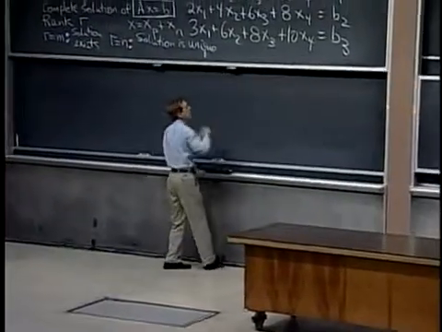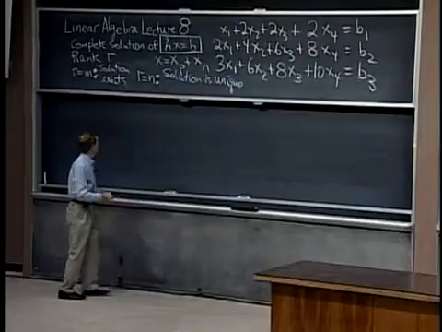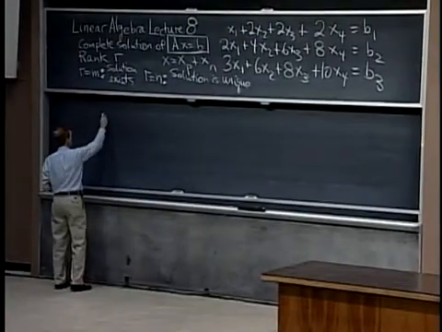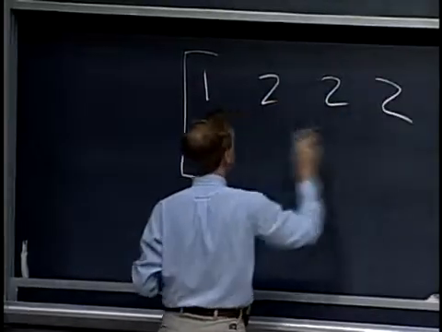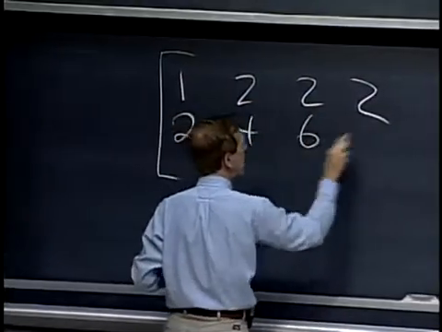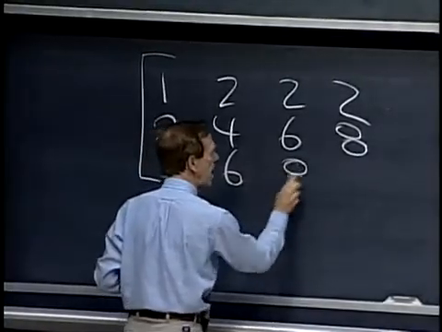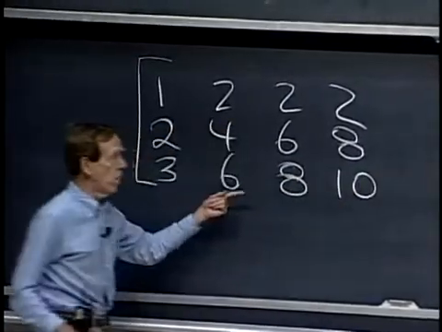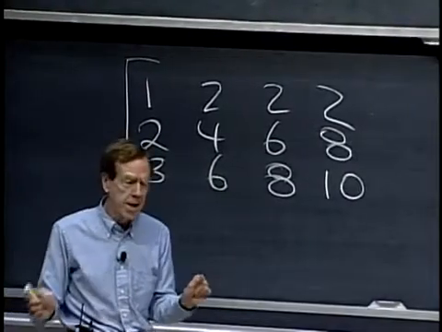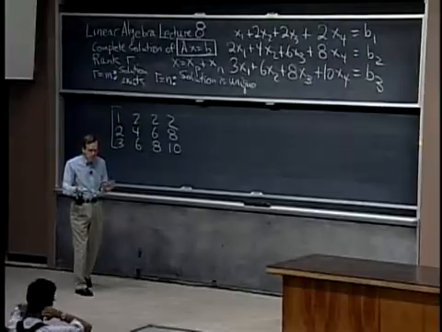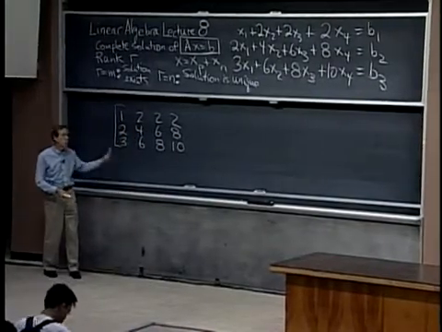Okay, so let me take that example and write down, instead of copying out all the plus signs, the matrix 1, 2, 2, 2, 2, 4, 6, 8, and 3, 6, 8, 10, where the third row is the sum of the first two rows. Now, how do we deal with the right-hand side? We want to do the same thing to the right-hand side that we're doing to these rows on the left side.